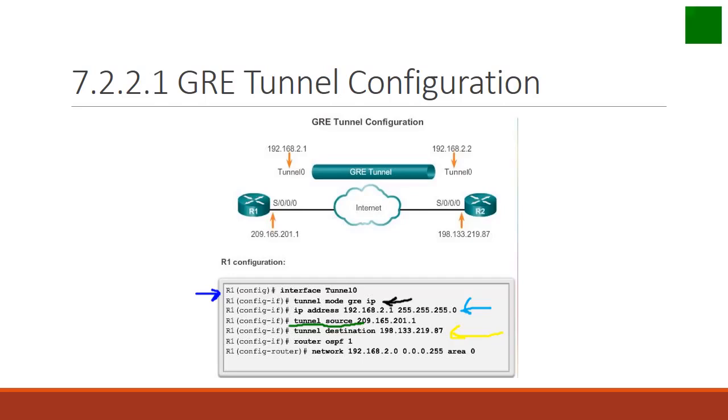And finally, this is optional by the way, you can specify the GRE tunnel mode as the tunnel interface mode. GRE tunnel mode is the default tunnel interface mode for Cisco IOS software.